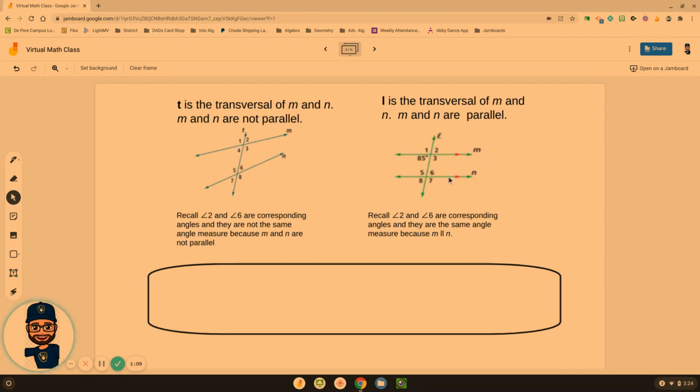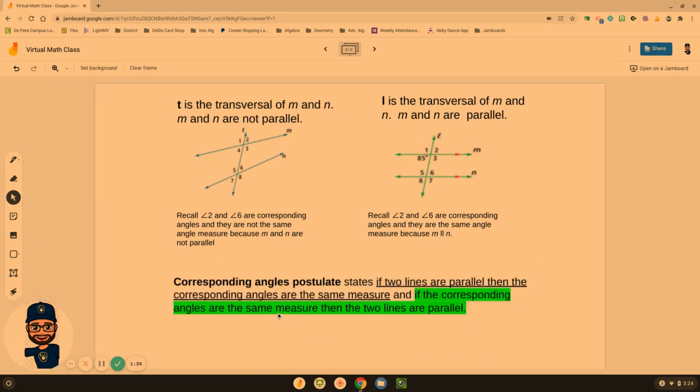We also have a different diagram where the 2 lines are parallel, where M is parallel to N, and it's being cut by this transversal L. Angle 2 and angle 6, they're still corresponding because they're in the top right and top right of each set. So therefore, because the lines are parallel and they're corresponding, their measures are the same. And that's really what the corresponding angles postulate tells us.